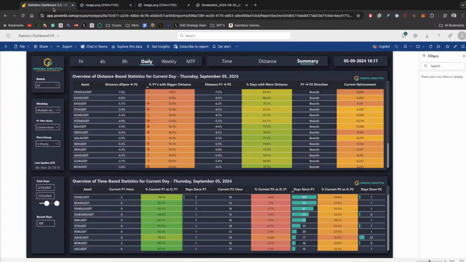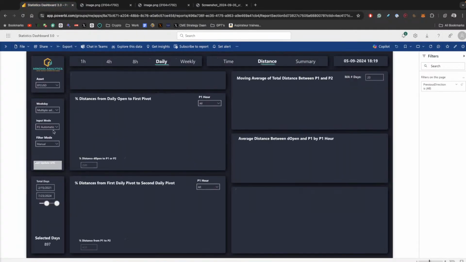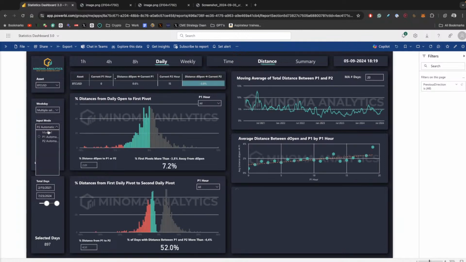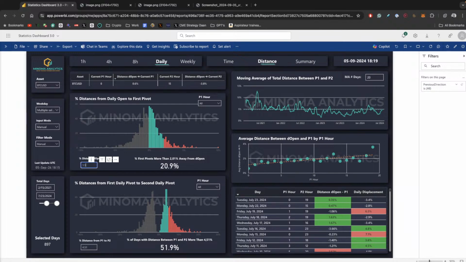The main way to show you that is if we go back into the distance page, and this is the thing I showed last time as well. So if I just put the input mode to manual, and I set this one to, let's even do 1.5. Well, let's do 1. Look how this metric will change depending on the P1 hours we remove. So what I just said is important, right?